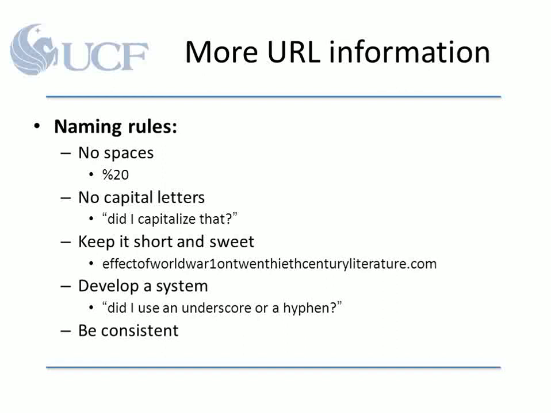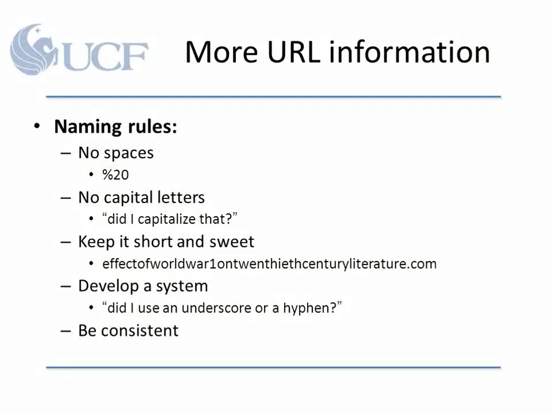Next, develop a system. For example, I typically use hyphens as opposed to underscores to separate sections of a file name, or for spaces. I also try to use single syllable portions of long words to keep the file name short, which is kind of related to rule number 3. Lastly, be consistent. So you've developed a system, you want to be consistent with that system throughout.